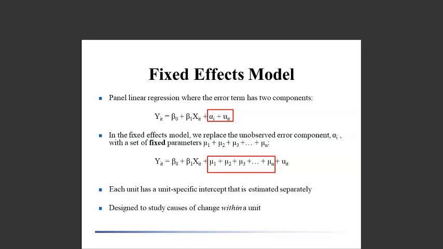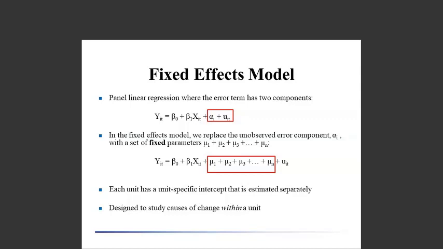unit 1. And these n fixed parameters control for the net effects of all unobservable factors that differ across units but are constant over time. And this is the general idea behind fixed effects.